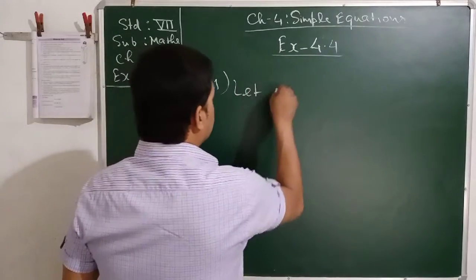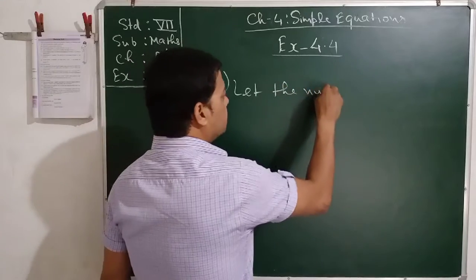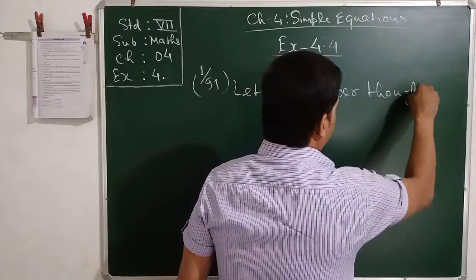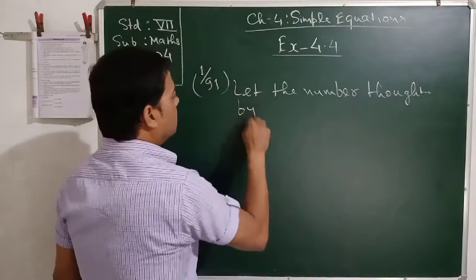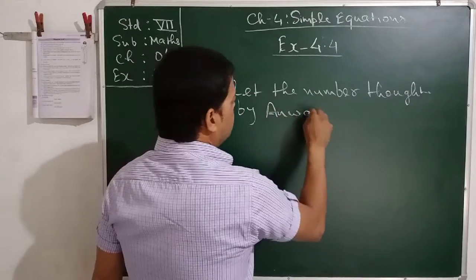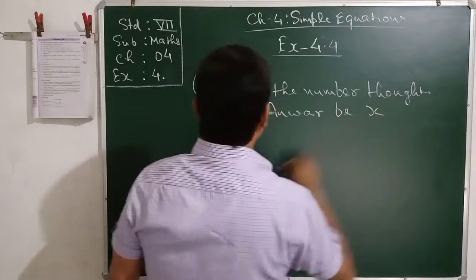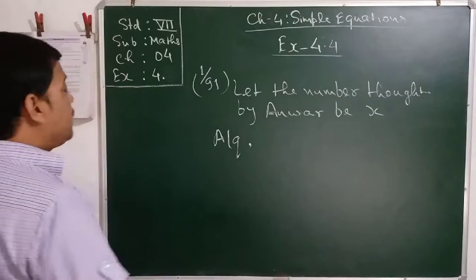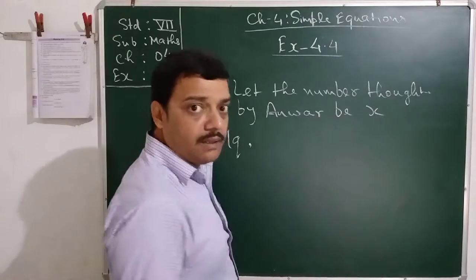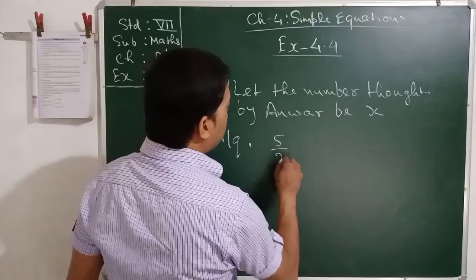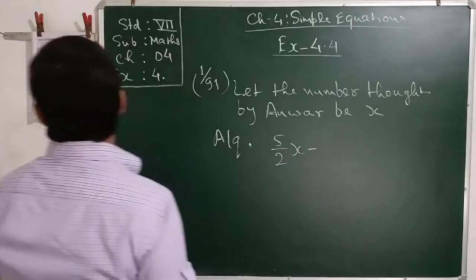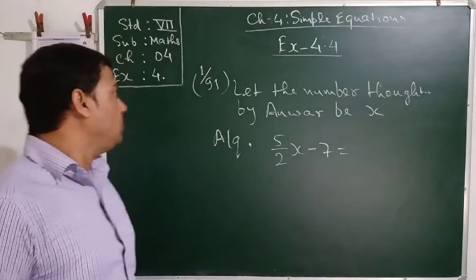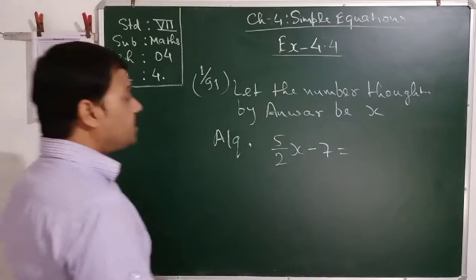Let the number thought by Anwar be x. According to the question, 5 by 2 of the number means 5x by 2, and takes away 7, minus 7, it will be equal to the given 23.